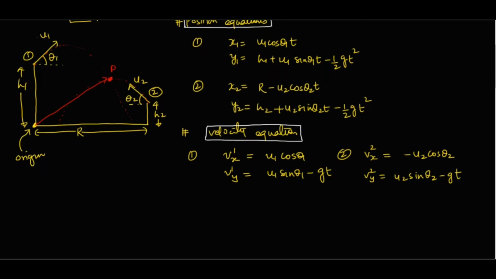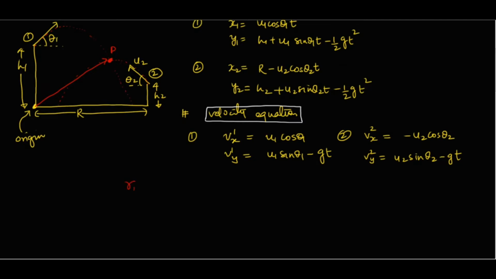So I'm going to say the position vector of particle 1 is going to be equal to the position vector of particle 2, right? And this position vector is going to consist of two components. This is going to be r1x i plus r1y j.